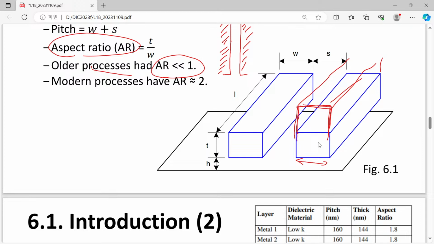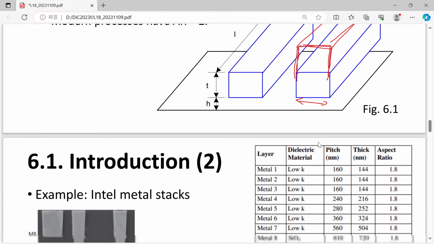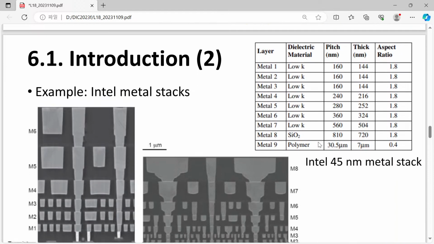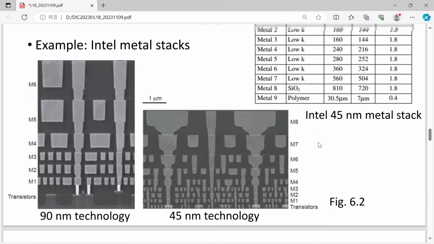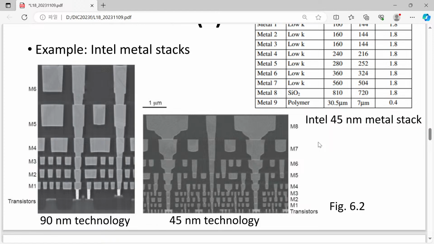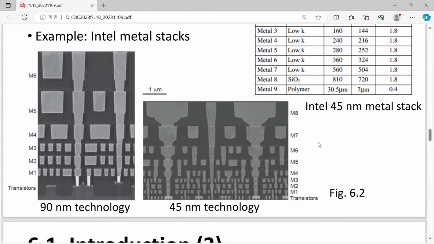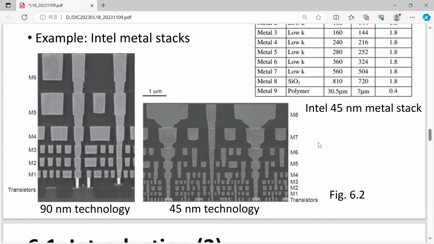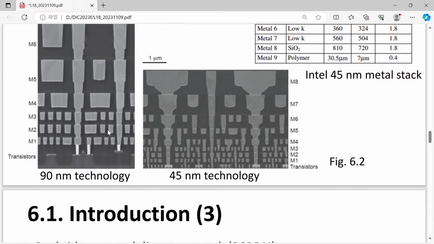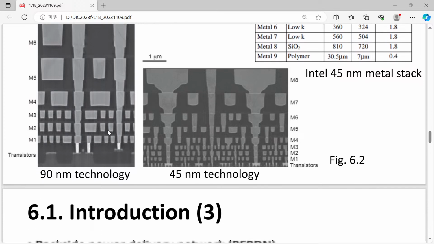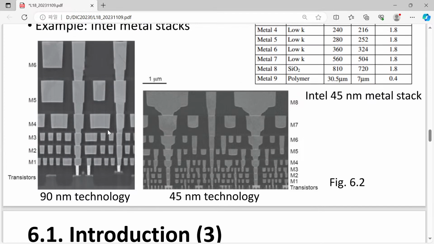So this is the way we can say, and this is just showing our previous technology, not ours but Intel's previous technologies. So please have a look at these ones, 40 nanometer, 45 nanometer and 19 nanometer technology.